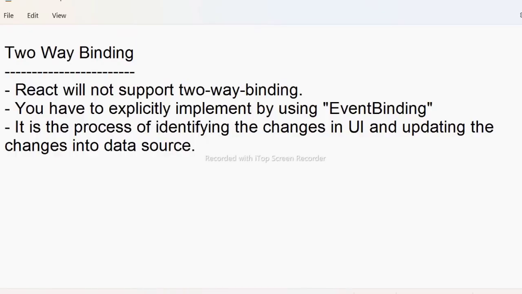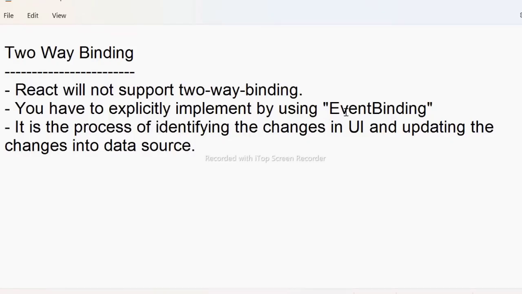If any technology is not supporting two-way binding, it doesn't mean that you cannot do two-way binding. It means it implicitly doesn't have any technique for two-way binding. So explicitly you have to resolve it. You have to use your knowledge of JavaScript events to handle this two-way binding. Let's see what that is.